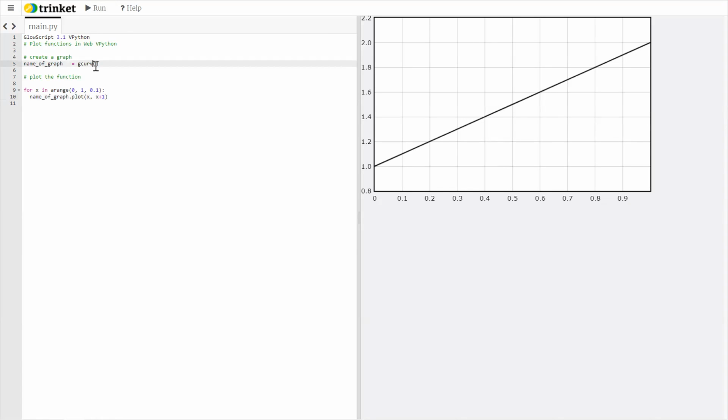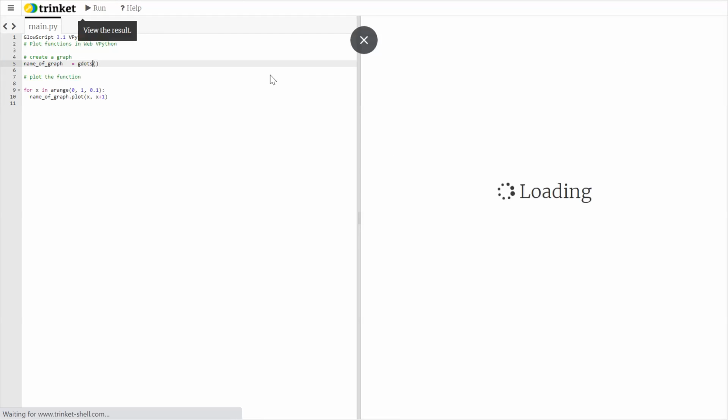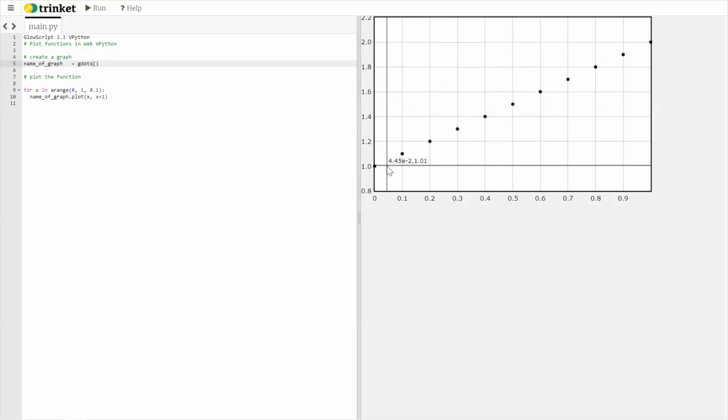You can also use graphics scatter plot, gdots, and then you can add attributes to the graph itself. So for example, in creating the graph, you can use a template so that we can change the labels for the horizontal and vertical axis.